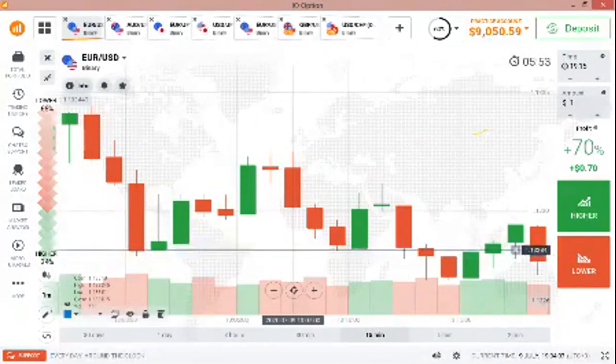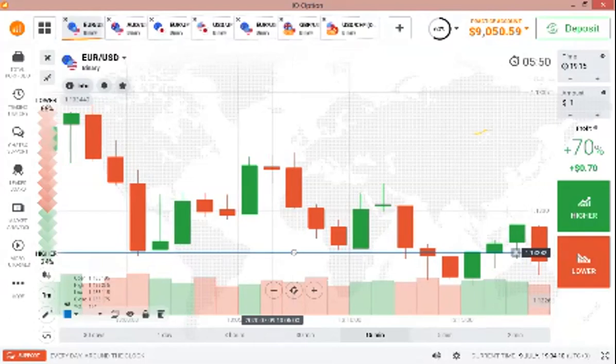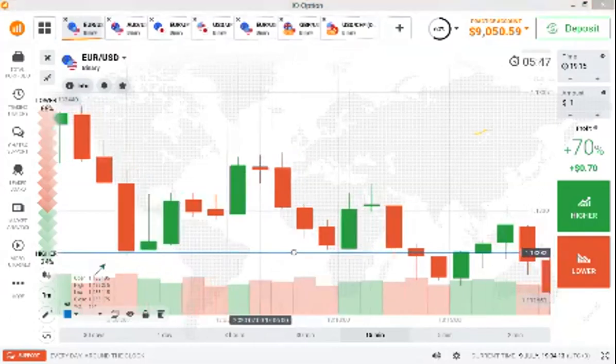But if you place your line like this, you know this is the lowest point. This is the lowest body. Okay. Place your line here. Your level is not well drawn. So you are not correct in drawing your level like this. This is totally wrong when you are drawing your level like this.